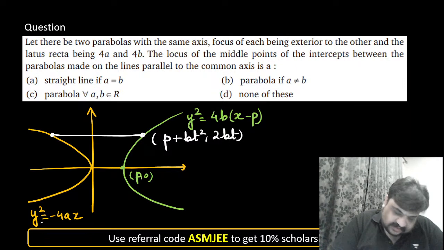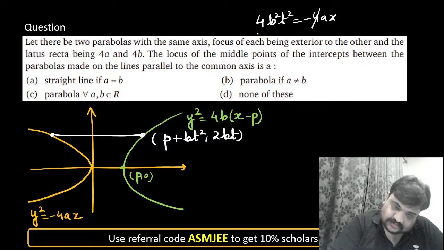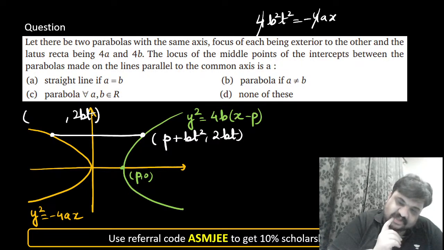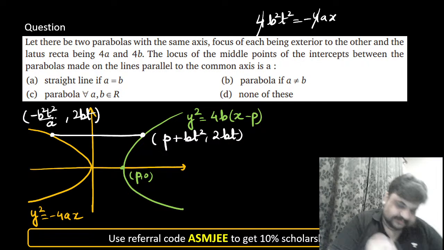How to find this one? If this is 2bt, so 4b square t square, 4 to 4 cancel, the y coordinate should be 2bt and x should be minus b square t square by a.